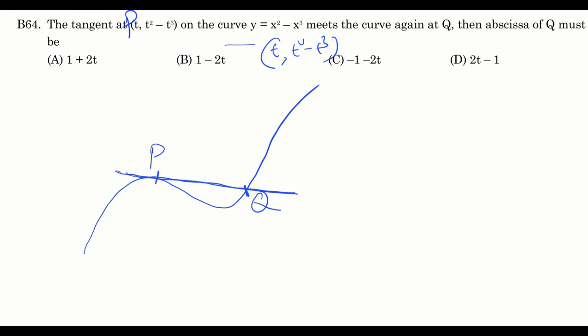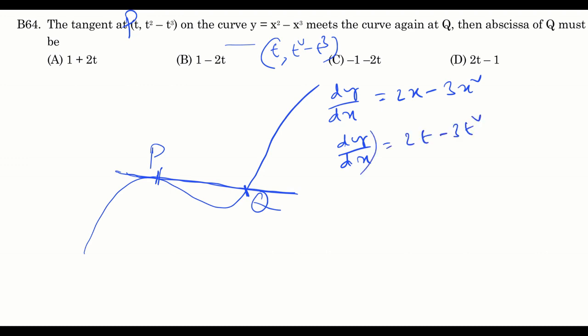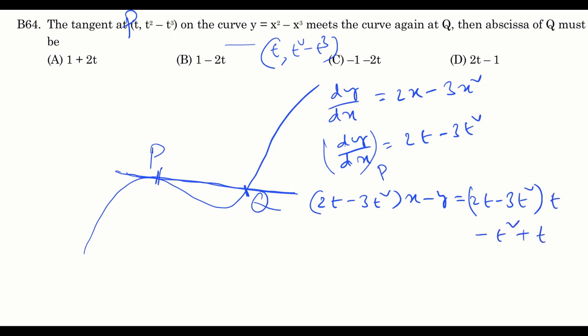So for that, to find the equation of the tangent at P, I am going to differentiate this. Differentiating, I'll have dy by dx is equal to 2x minus 3x square. So dy by dx at P, in the place of x I have to take t, I'll get 2t minus 3t square. That is at P. Now I am writing the equation of the tangent at P, which is nothing but 2t minus 3t square into x minus y is equal to 2t minus 3t square into x is t minus t square plus t cube.